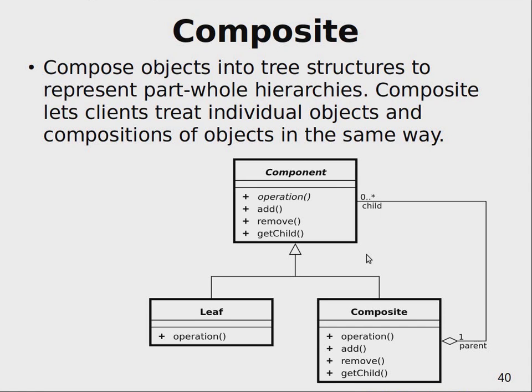Another thing is composite, which allows you to create tree-like structures. And for a tree-like structure, you usually have one particular component. For example, a typical tree-like structure is the file system of your computer. It may consist of files and folders, and inside folders may be files and folders, but there is nothing inside files except their content.